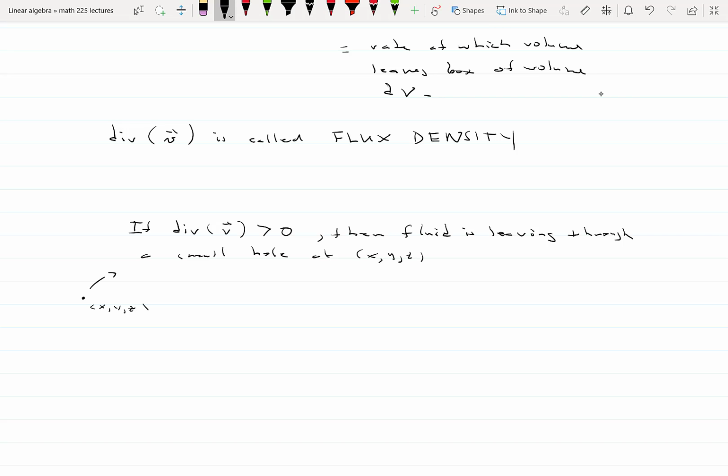So you can think about it as the fluid is leaving or diverging, if you will, no pun intended, from that point.